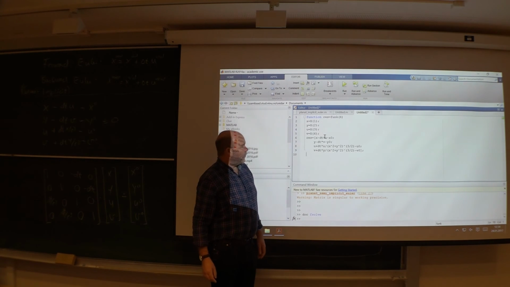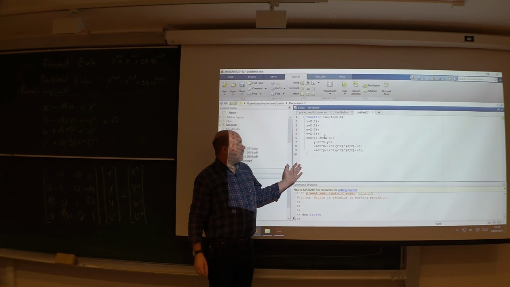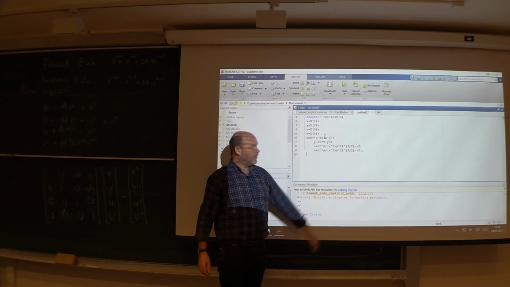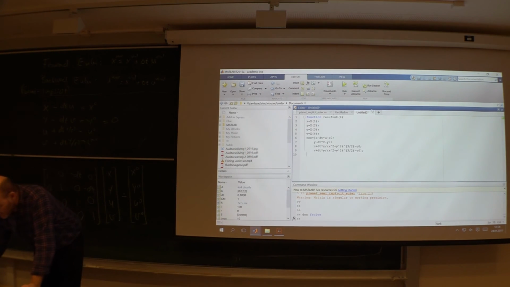And this will not work, because inside this function he has no idea what is delta t, and these zeros, the old values, I haven't defined them yet. So somewhere he has to get them, and I give them to him by a global.